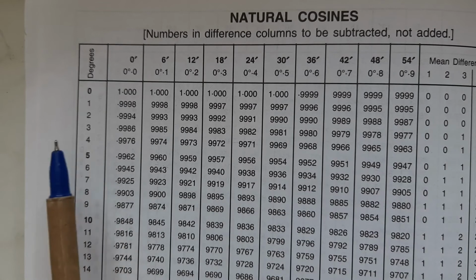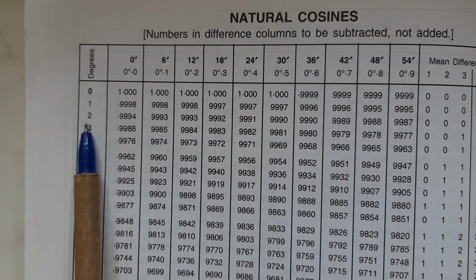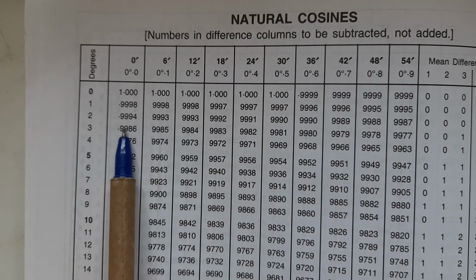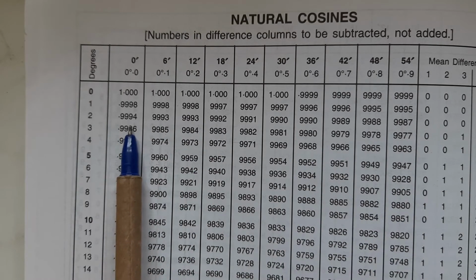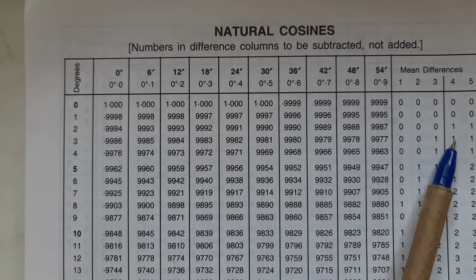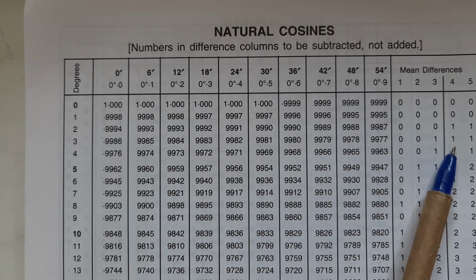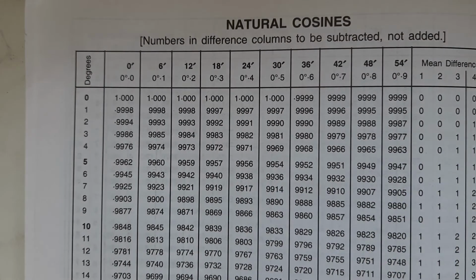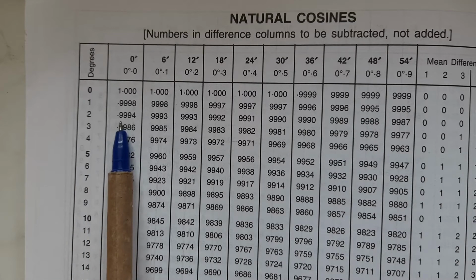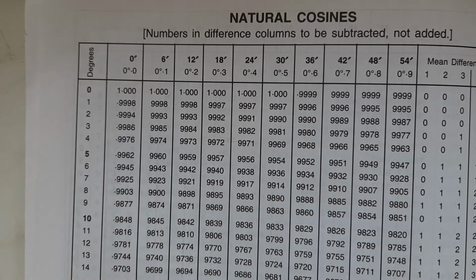Example, first question was 2 degree and 4 minutes. 2 degree is 0.9994 and 4 minutes is 0.0001. We will subtract. Answer will be 0.9993.